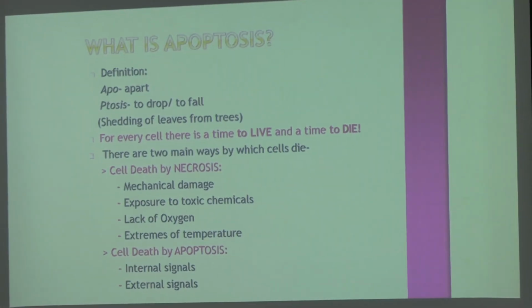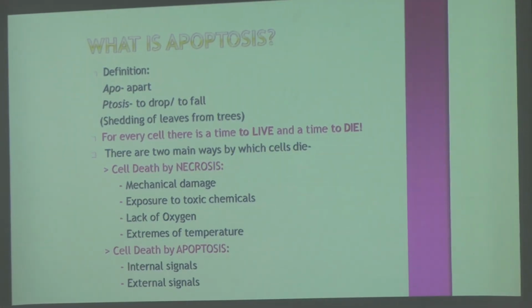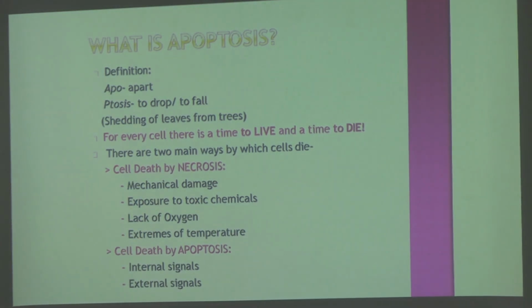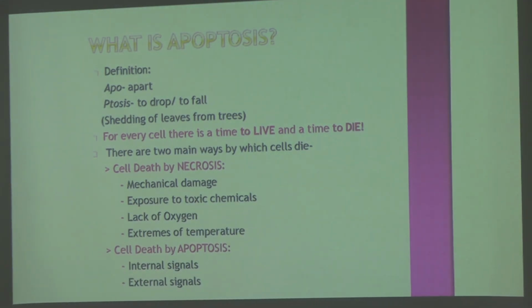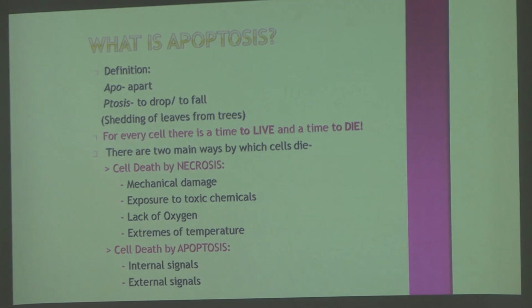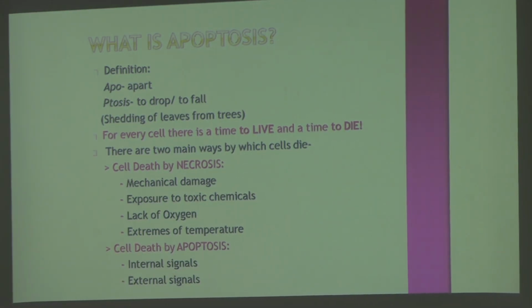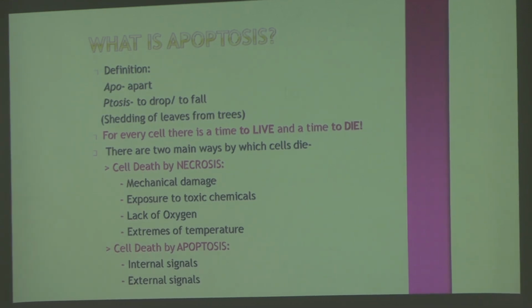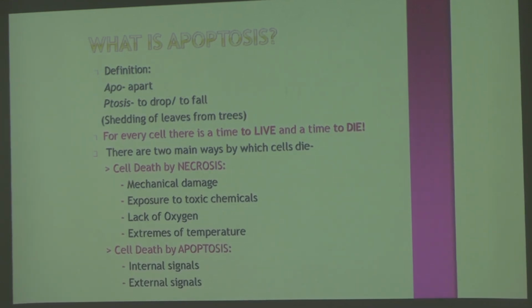Cell death occurs by two means. One is by necrosis, another by apoptosis. Apoptosis results from two stimuli. One is internal stimuli, which comes from within the cell.